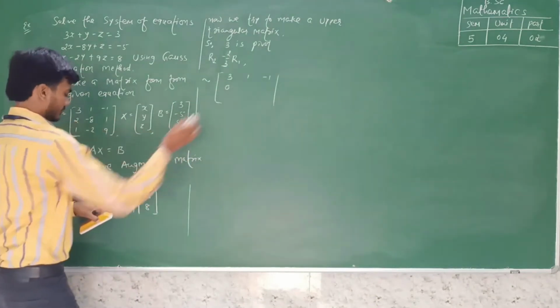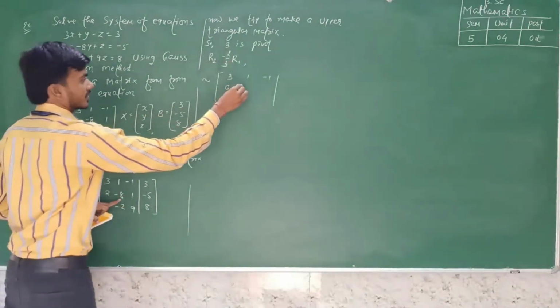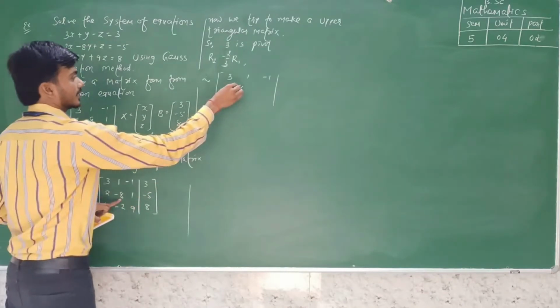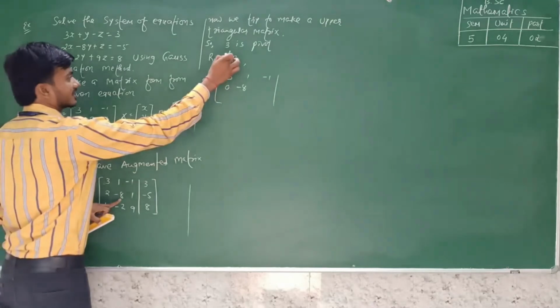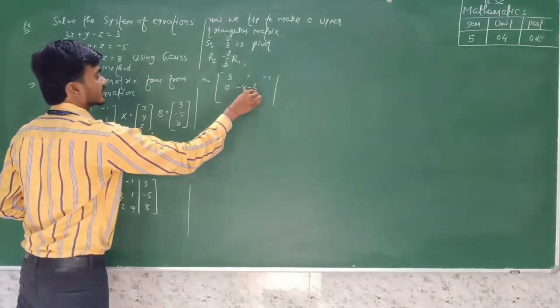Here minus 8, and 1 into minus 2 by 3 is minus 2 by 3 added, and here 1 into minus 2 by 3 is minus 2 by 3 added.